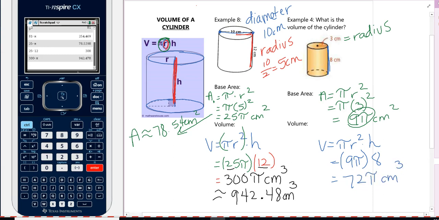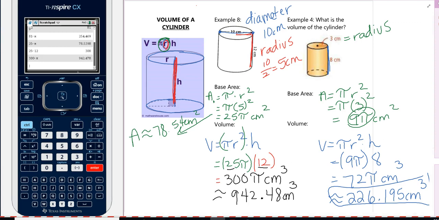And now if we would like to round, you can multiply 72 times pi, and that gives us about 195 centimeters cubed. All right, so go ahead and practice those area formulas, those volume formulas of a cylinder and our rectangular prism, and then work on activity 60.1. Good luck.